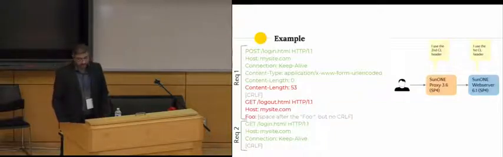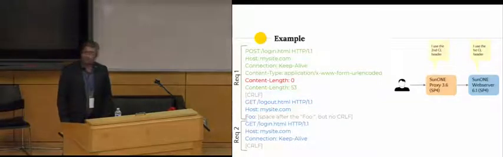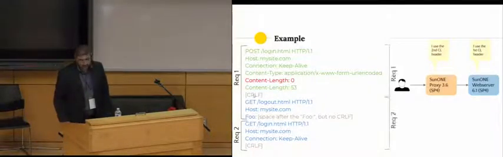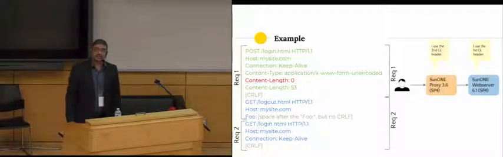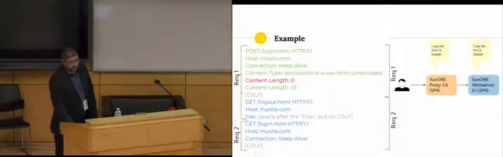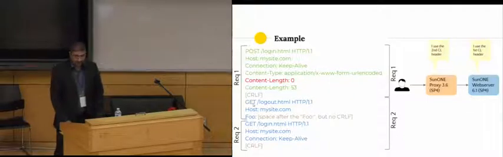When this message flows onto the HTTP connection, which is kept alive, onto the backend server, now the backend server looks at content length header 1, this one, and it says length is 0. So this CRLF is where the request ends. So this is the view of the backend server in terms of the messages. Now when you see the difference between how the front-end server views the messages and the backend server views the messages, it gives us this message from GET to foo that's being smuggled into the backend server.